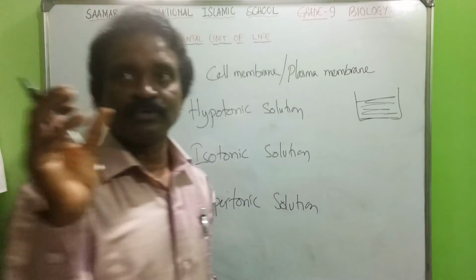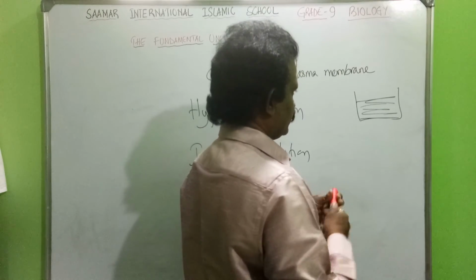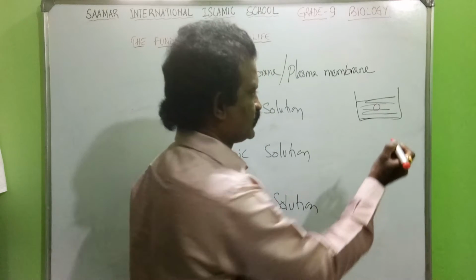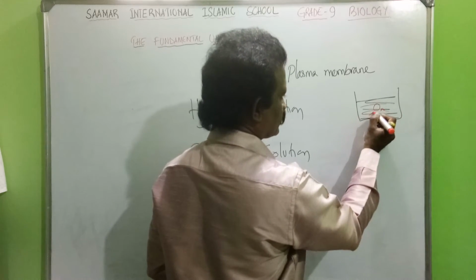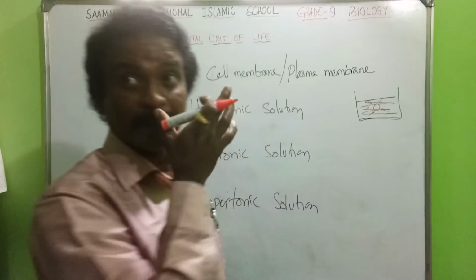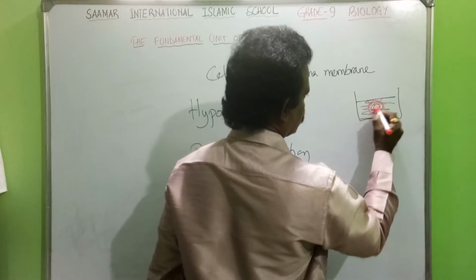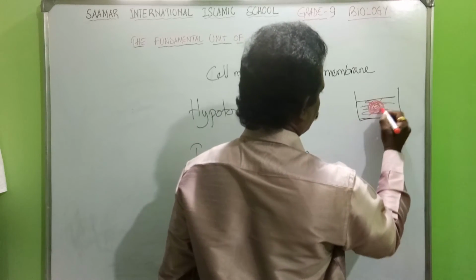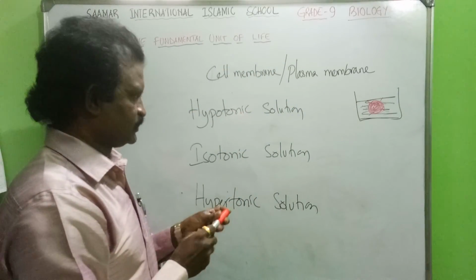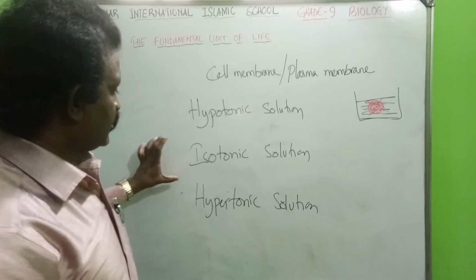I make a jamun, small one. When I put the small jamun in this, it will take the sugar solution inside. That means the sugar solution, higher concentration, moves from outside to inside by a process called diffusion. Slowly this will increase the size. That means movement of molecules from higher concentration to lower concentration. That's called diffusion. That diffused inside.